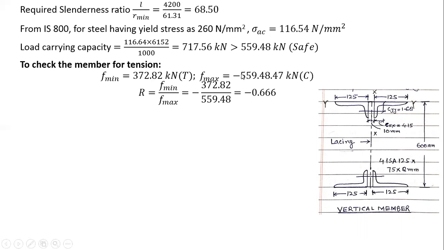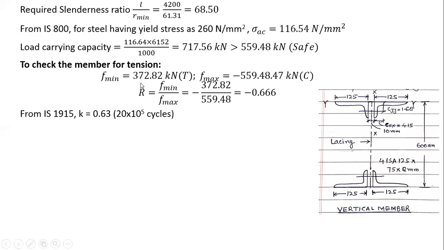So R is how much? Minus 0.66. So here I took 2 into 10 power 6 cycles. Previously I took 6 into 10 power 5 cycles, when these forces are both of the same sign. Suppose that these two are tensile forces, then I took 6 into 10 power 5 cycles, a smaller number of cycles.